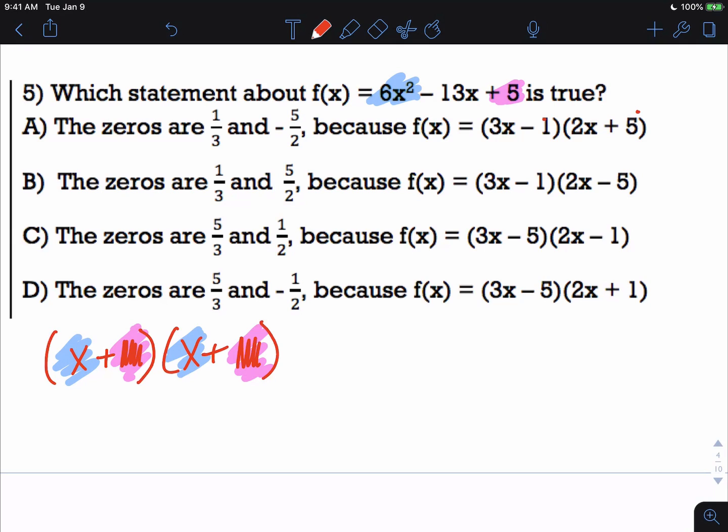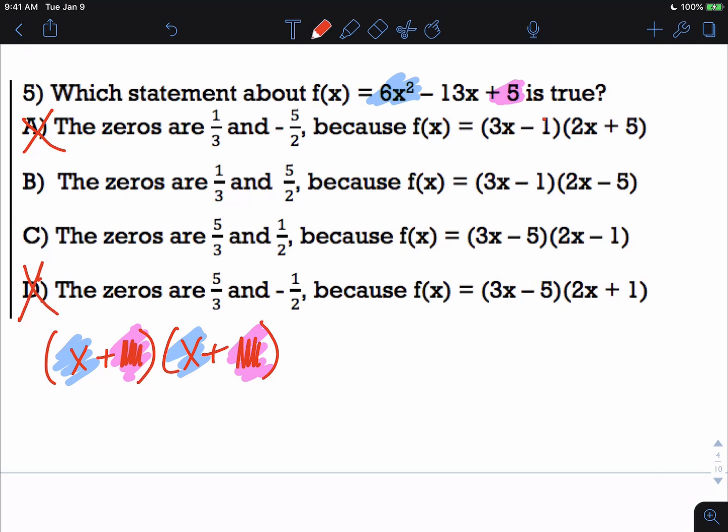So 5 times negative 1, that's not positive 5, so that can't be it. Negative 5 times negative 1, that's possible. Negative 1 times negative 5, that's possible. Positive 1 times negative 5, definitely not it. Okay, so now I'm going to go ahead and keep looking. They both have the same values there, so there's no difference.